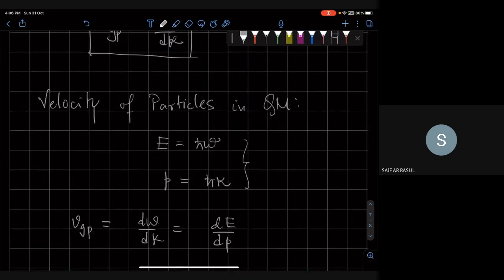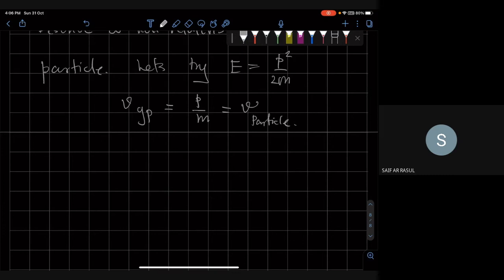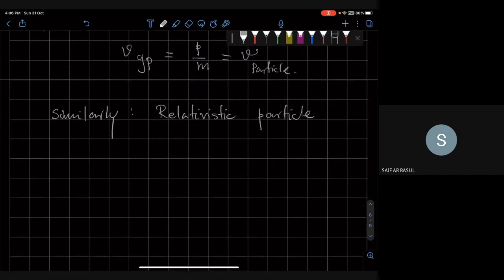So similarly, suppose that we have a relativistic particle. Now, I know that maybe some of you haven't done relativity, so don't worry about it if you don't understand what's happening here.